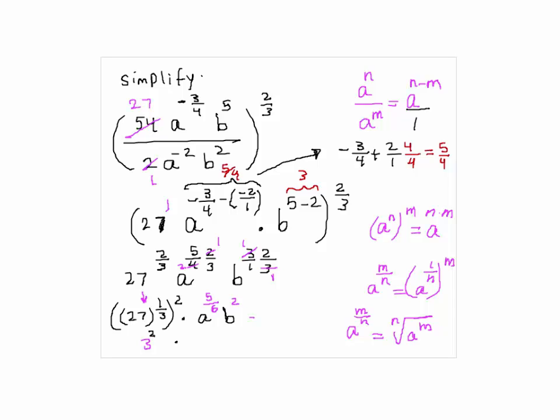So the whole thing would be equal to 9 a to the power of 5 over 6. We want to make sure all the exponents are positive, times b to the power of 2. If the exponent turns out to be negative, we switch that to positive. The property for that is a to the power of minus n is equal to 1 over a to the power of plus n. But in this case, all the exponents were positive, so we don't have to worry about that part.